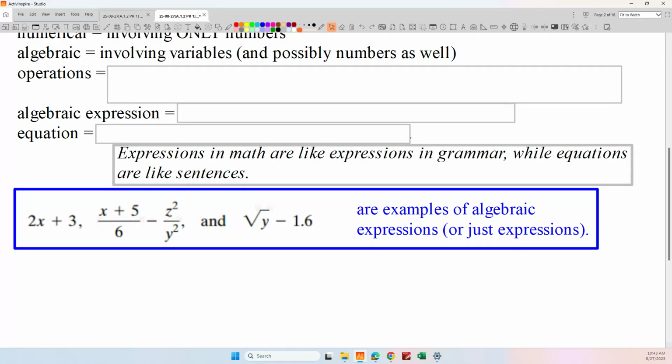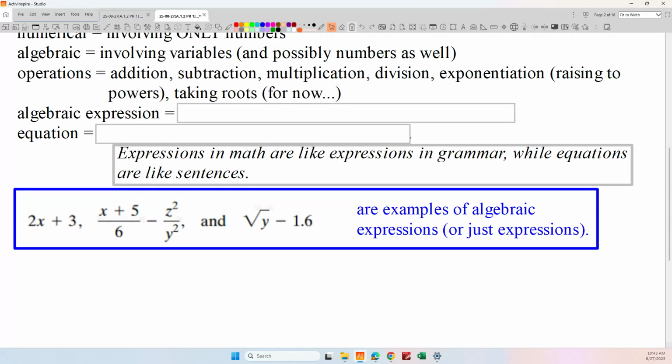There are a couple of other ones that you've done. We can take roots. What else could we do? Exponents. Yeah, we can do exponentiation. There are other operations, but for now, that's basically all you've ever done.